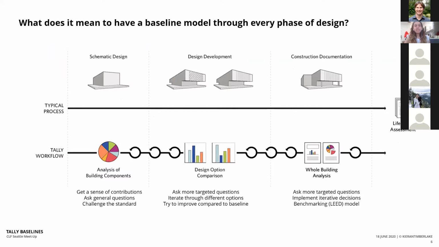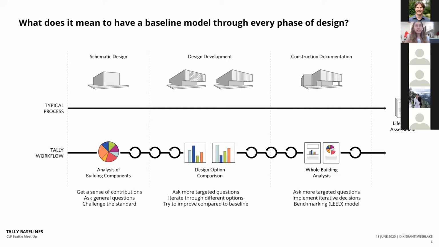This doesn't mean that we need to have a fully fleshed out Revit model or even a fully fleshed out design at every stage, because it's really almost impossible to say that we establish a baseline at the beginning of design, iterate through that baseline throughout design trying to improve its performance, and then in the end compare the proposed version back to it.